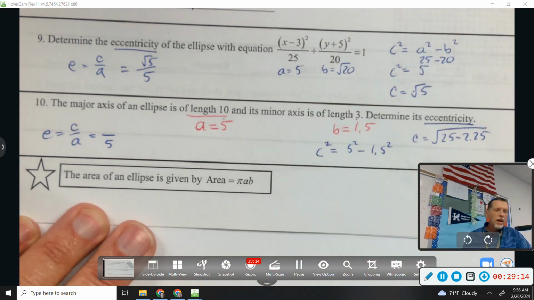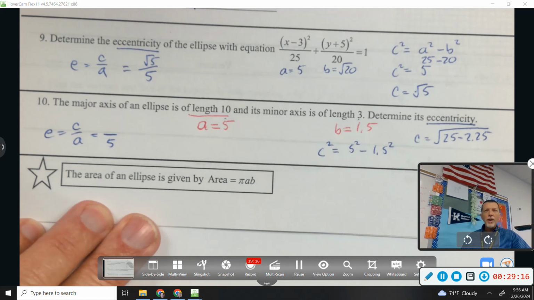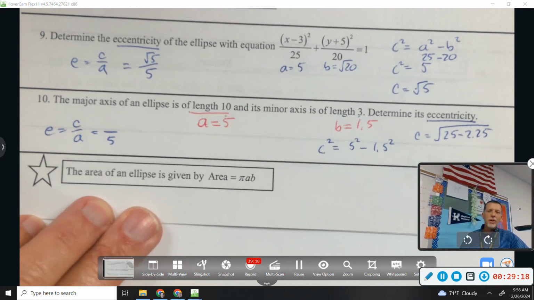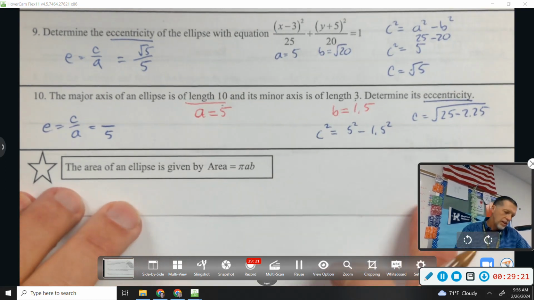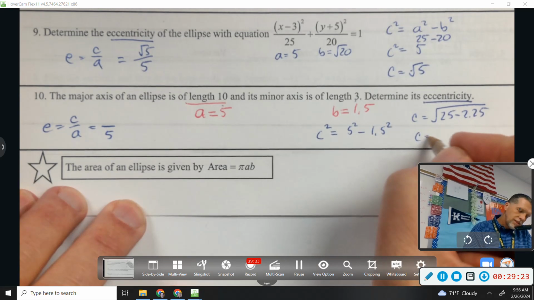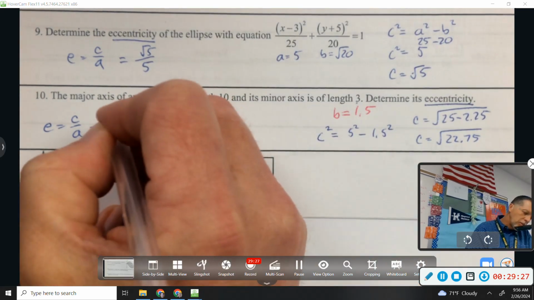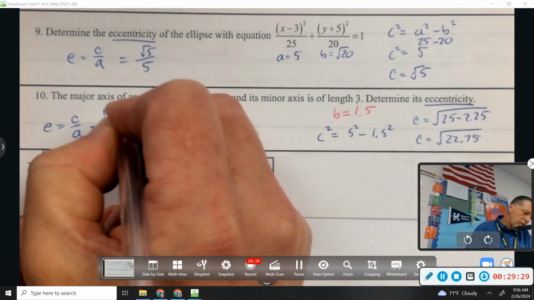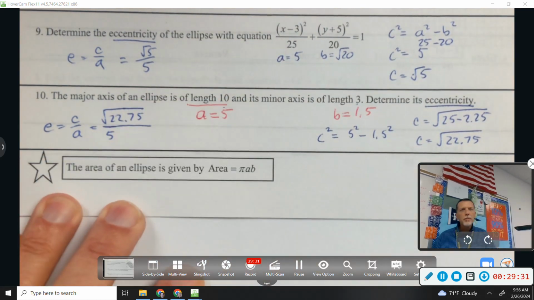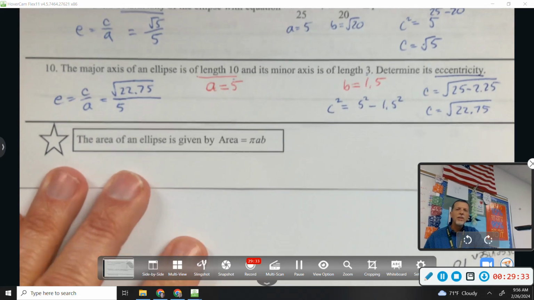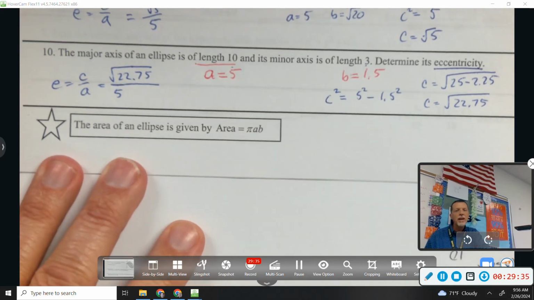Oh, okay. So yeah, be careful about A versus A squared, B versus B squared. So, I don't like this. 22.75? So we'll just leave it as the square root of 22.75 over 5. That's less than 1, so I have some confidence in my answer.